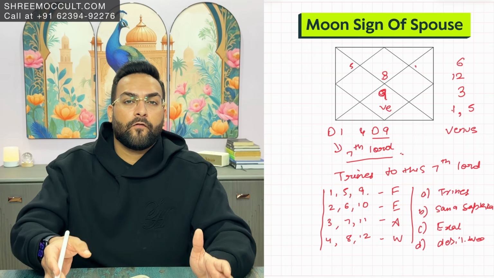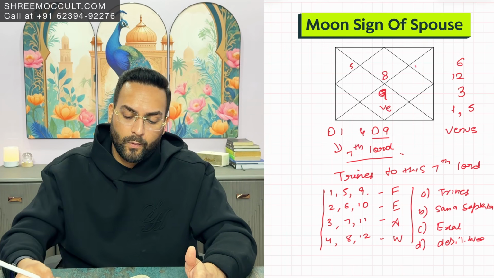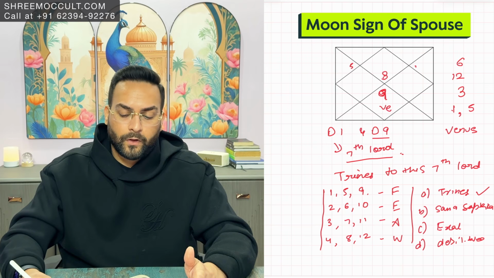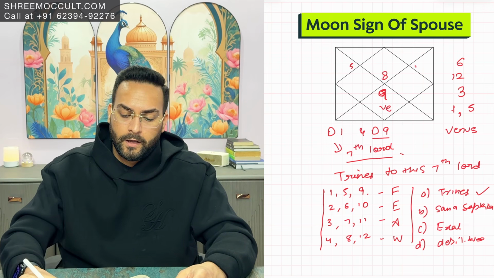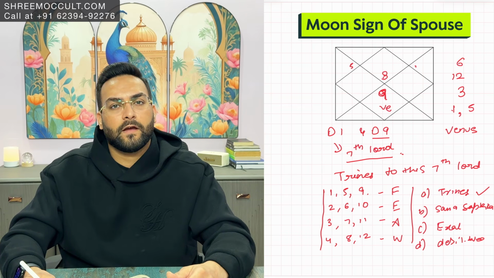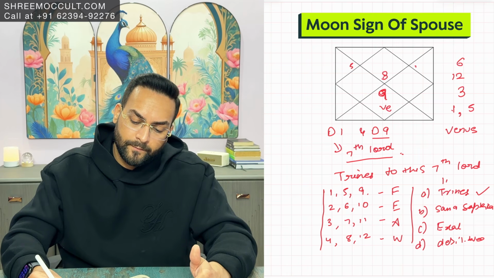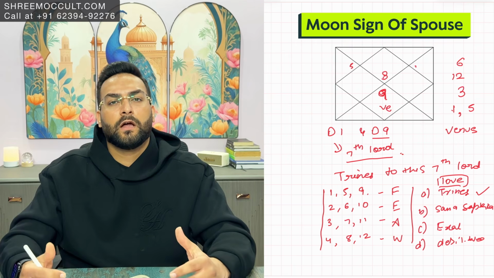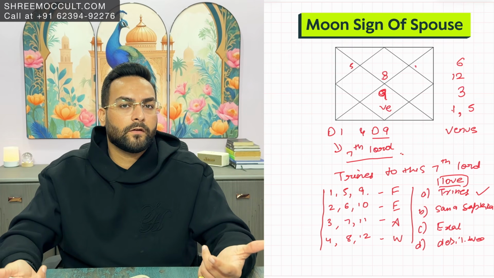This is still figurable, still doable in your chart. Now, what do you have to do? Suppose you find out that the moon sign of your spouse matches the first criterion, that it is trine to your seventh lord in D9. Then this would be considered a very loving and fulfilling marriage. The love after marriage would increase. There will be good love, there will be a good life.